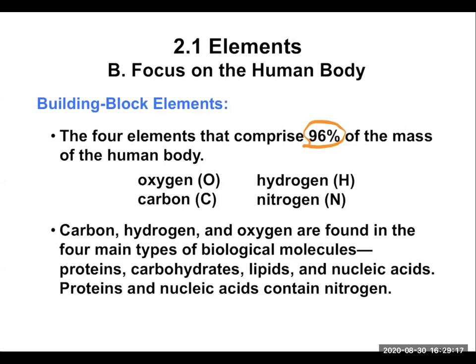Those are found in your biological molecules, which are your proteins, carbohydrates, lipids, and nucleic acids, which compose your DNA. So they are very, very important. Those are the four elements that pretty much take care of 96% of your body mass.